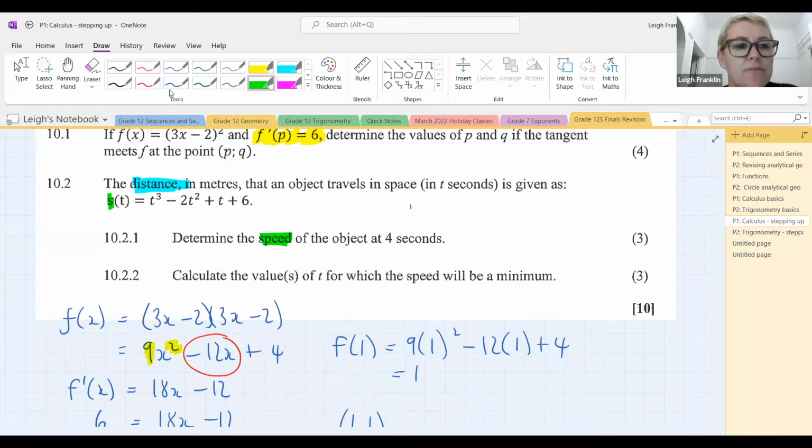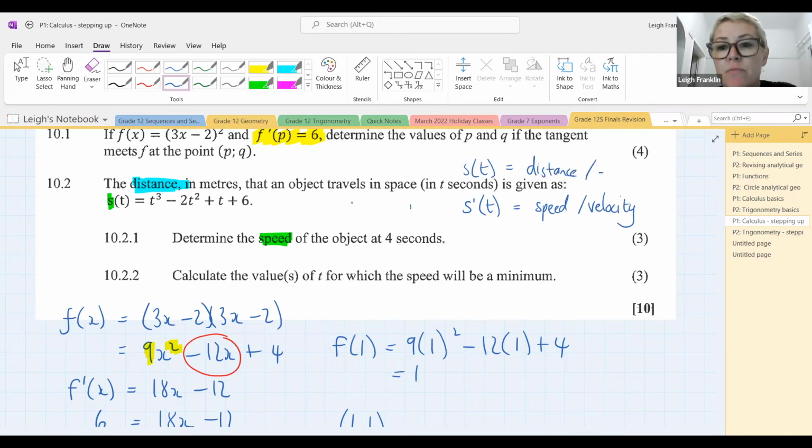When you take the first derivative, in other words S prime t, we are talking about speed or velocity, if S of t was distance or displacement.